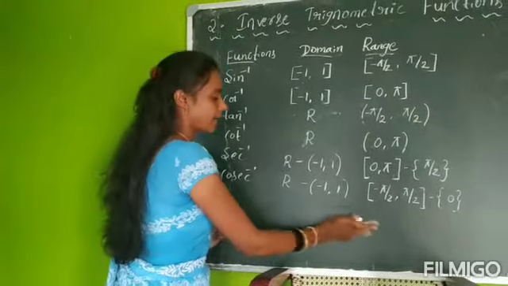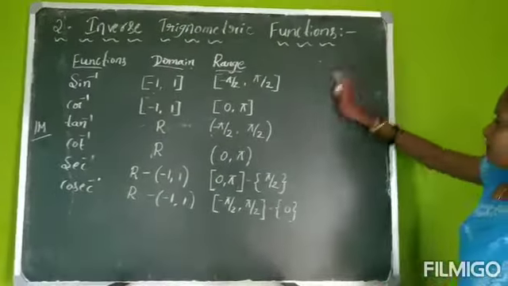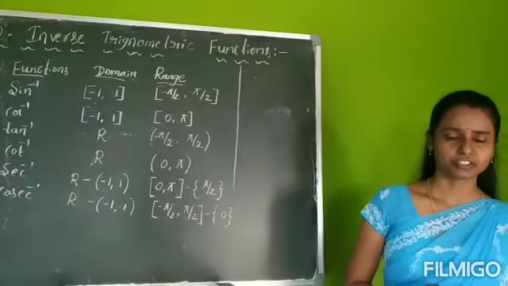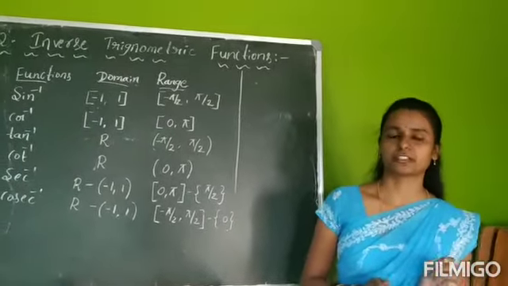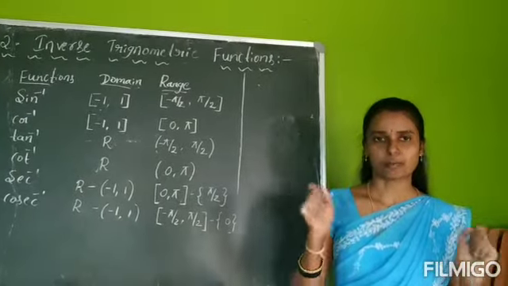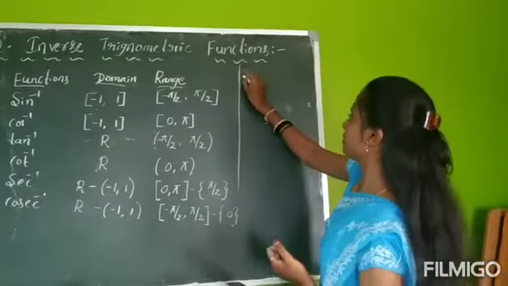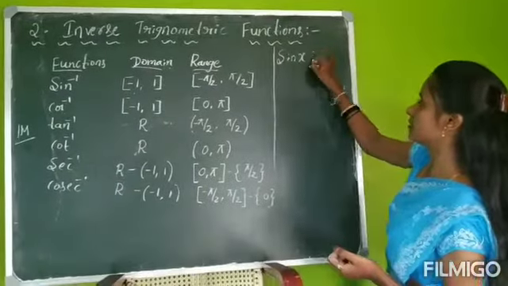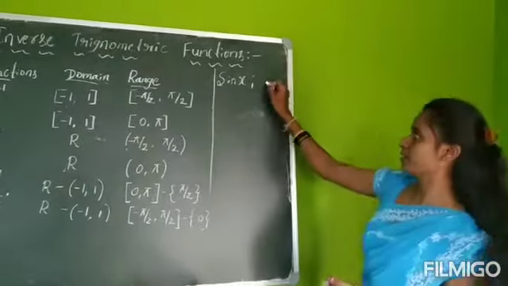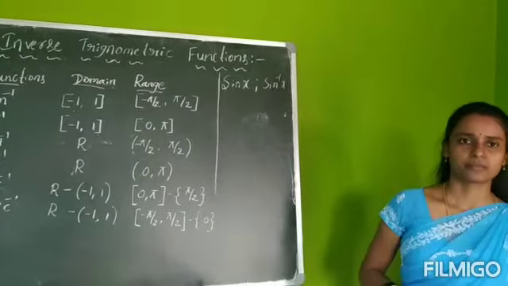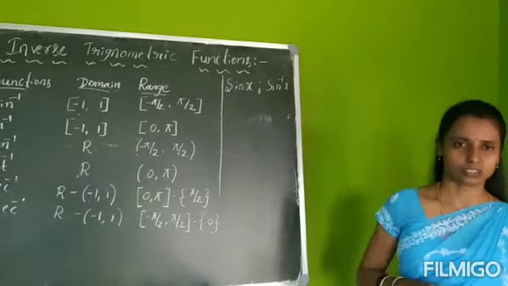Before that, I can explain one thing: what is the difference between a trigonometric function and an inverse trigonometric function. I'll take one example. Sine is a trigonometric function; sine inverse is an inverse trigonometric function.